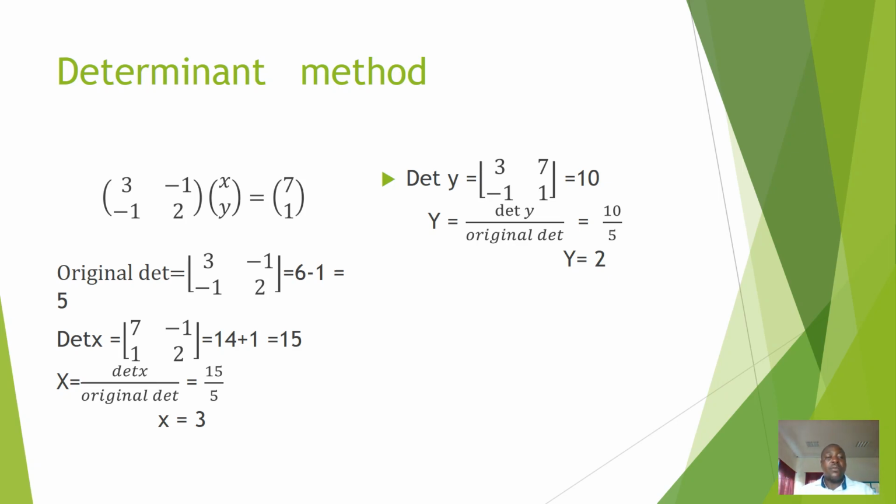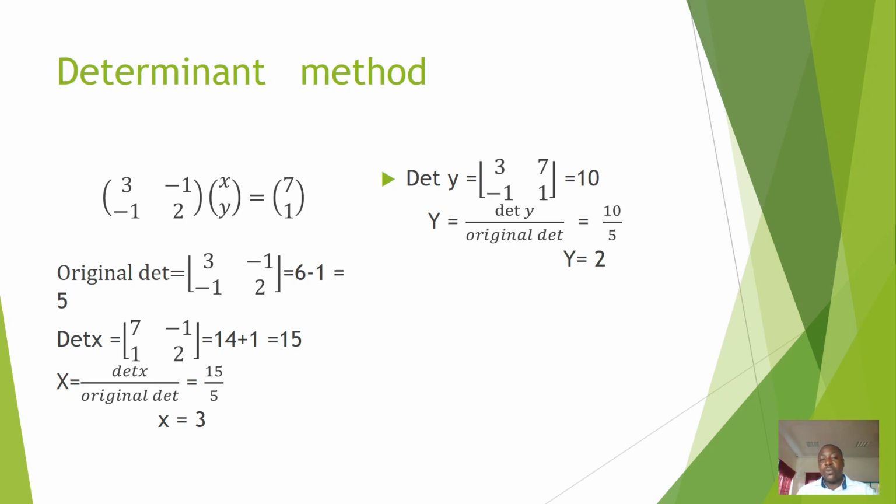Then we shall also come and get determinant x. When we want to get determinant of x, we go to the original matrix, remove that column of x and substitute it with 7, 1, which appear as our solutions on the right hand side. So getting a determinant there will give us 15. Now we're interested in the value of x. Value of x will equal determinant of x over the original determinant, which is 15 over 5, giving us a 3.